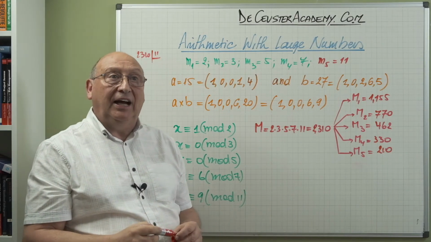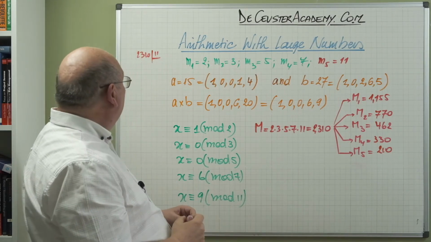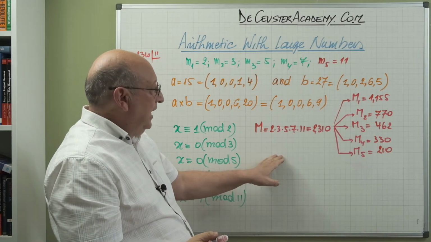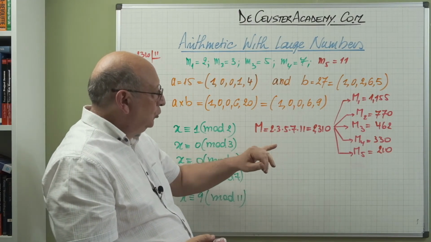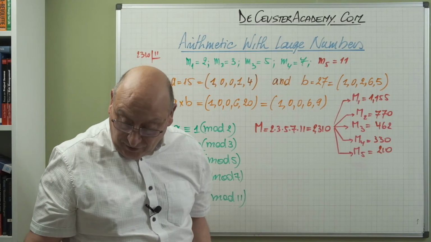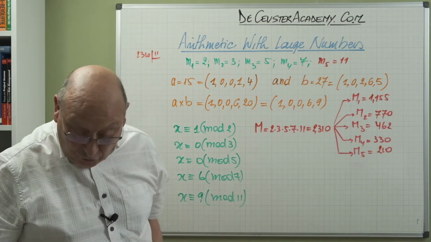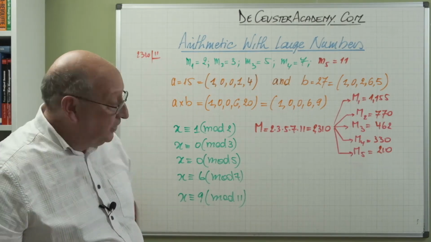And now we can write again the equations to find x1, x2, x3, x4, and x5. And we can use the numbers here.